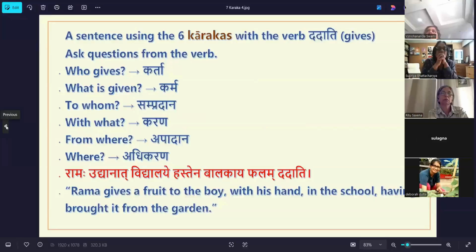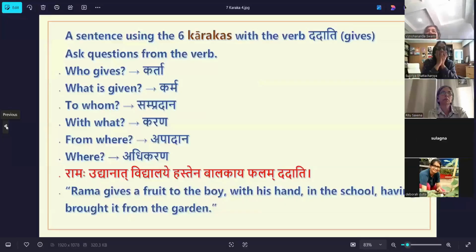Shashti may also express many other things. Shashti may express belonging. Ramasya griha. It can also express a part. Vrikshasya shakha, a branch of a tree. Then it also can express the source of a quality.